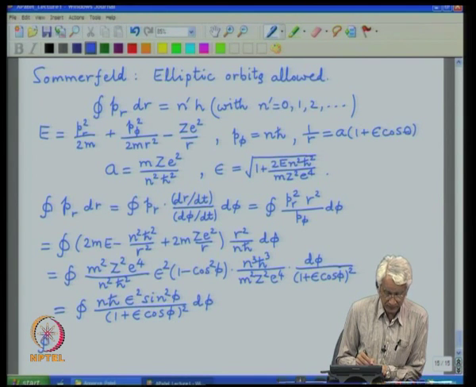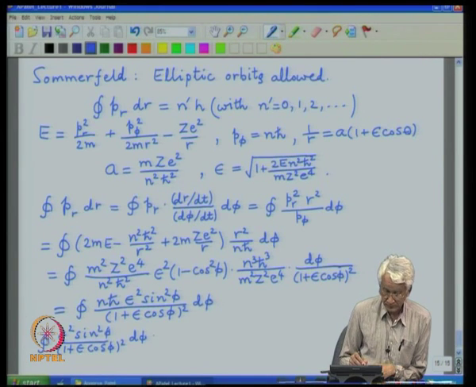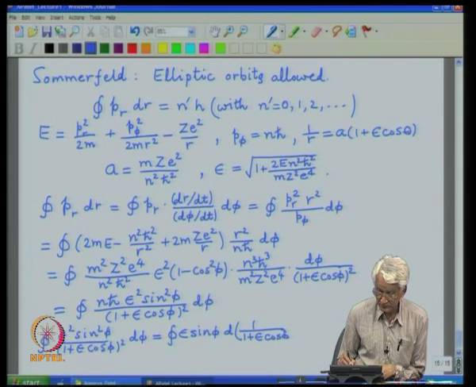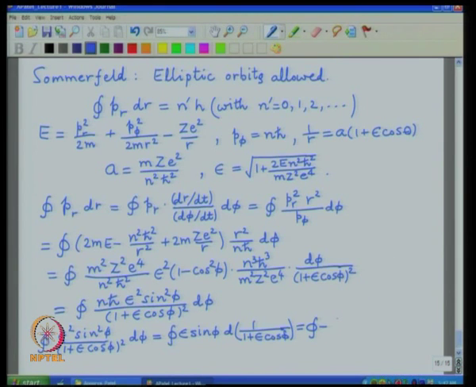I can write it down. Where the first step is an integration by parts.